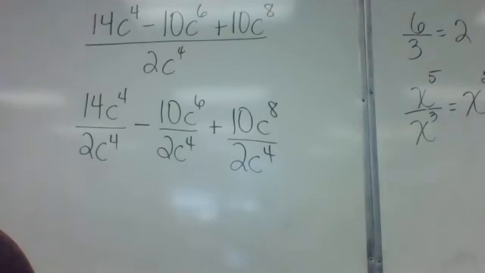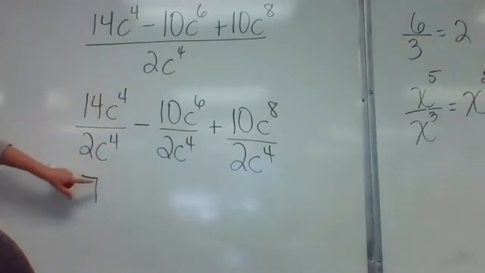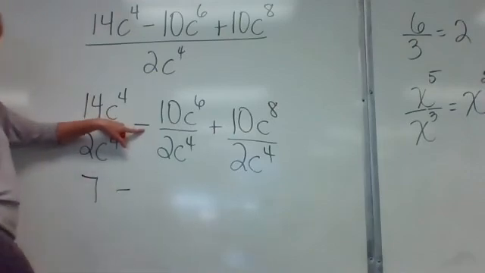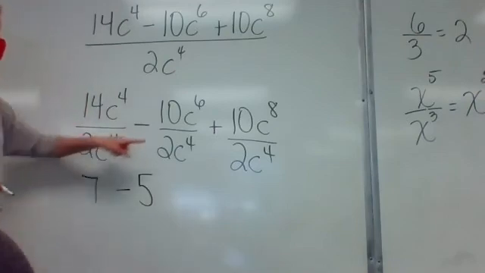And then it's like now you're just doing 3 separate fractions. What's 14 divided by 2? 7. When you subtract these exponents, you get no c. So it's just a 7. Minus 10 divided by 2 is 5.